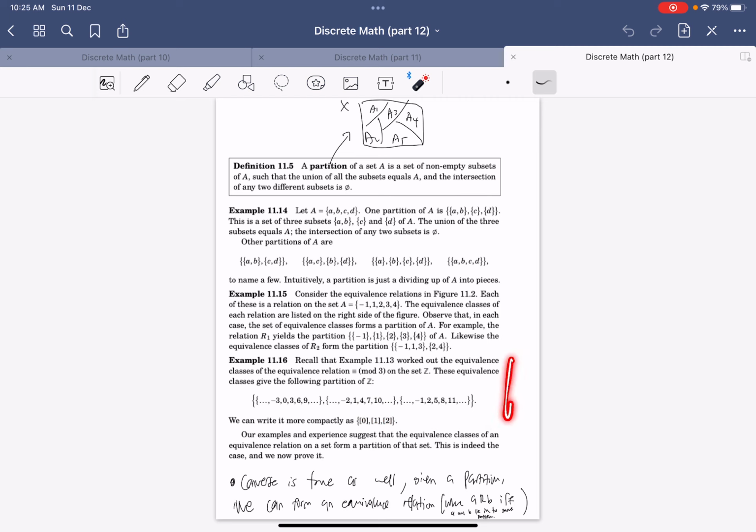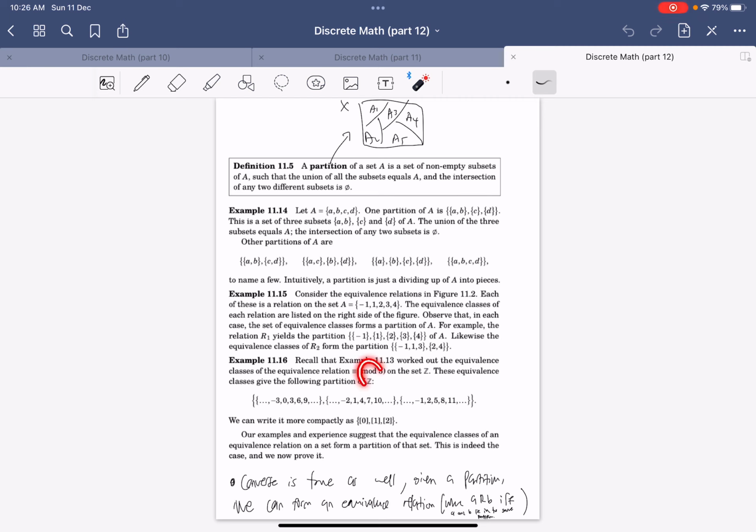So this is what example 11.16 is saying. So we can write them as just 3 elements. So this set is also known as the quotient set. The name is not really important, but it's good to know that you can gather all these equivalence classes and form a set known as the quotient set.